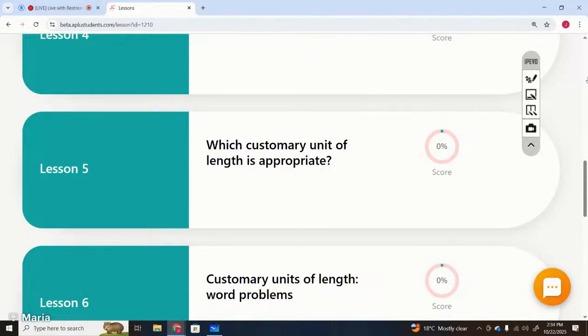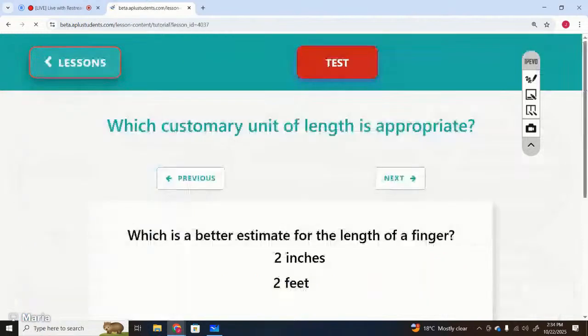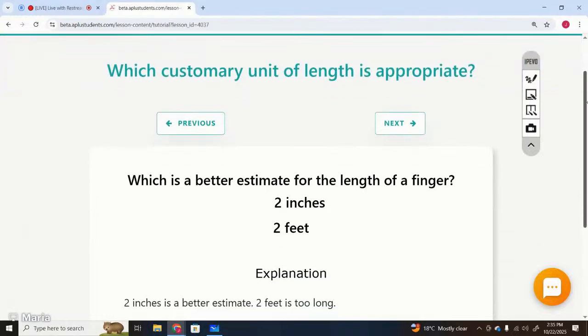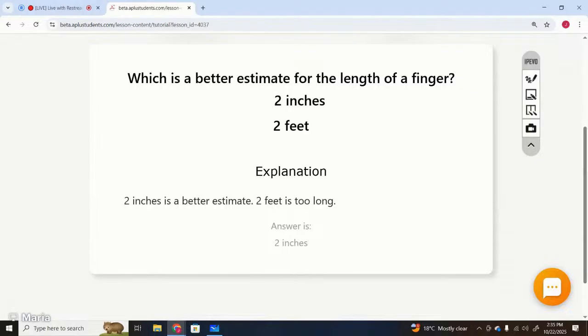Which customary unit of length is appropriate? Which is a better estimate for the length of a finger, 2 feet or 2 inches?